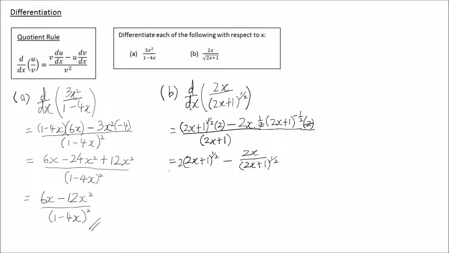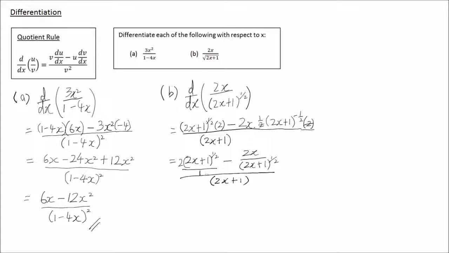And all this is over this bracket, 2x plus 1. Don't forget this is over 1. So in order to combine these two fractions in the numerator into a single fraction, we need to make the denominator the same.